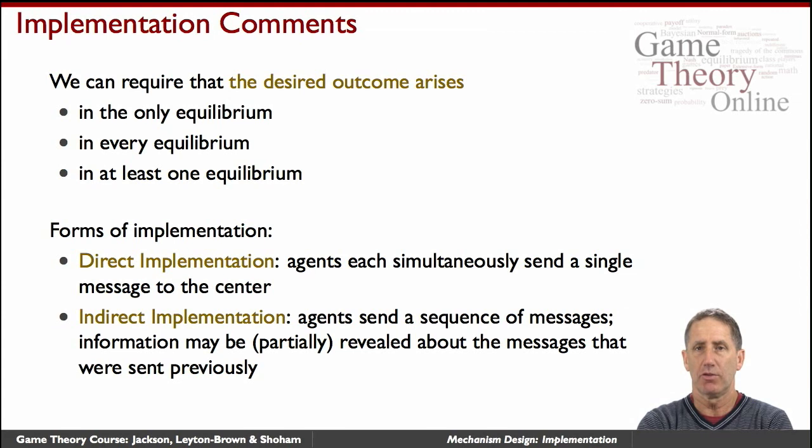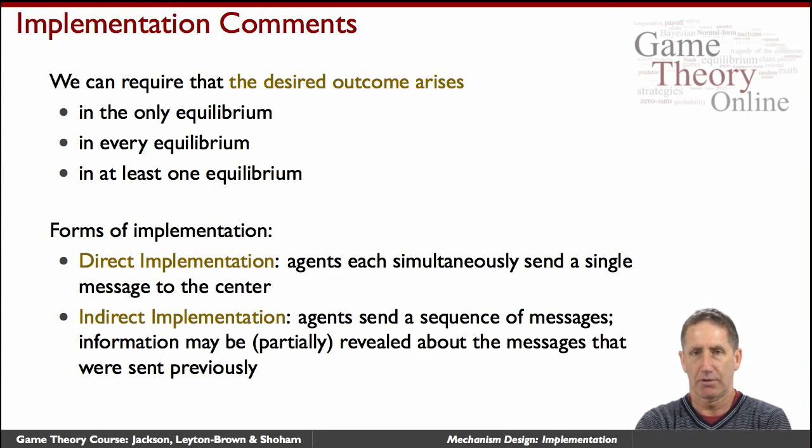Going beyond issues specific to Bayes-Nash implementation, on implementation of social choice functions in general, we can require indeed that it arise in some equilibrium or in every equilibrium. We can even require that there be only one equilibrium in which it arises.